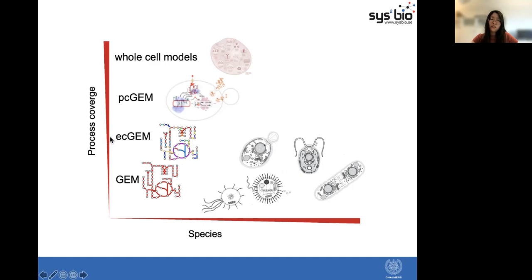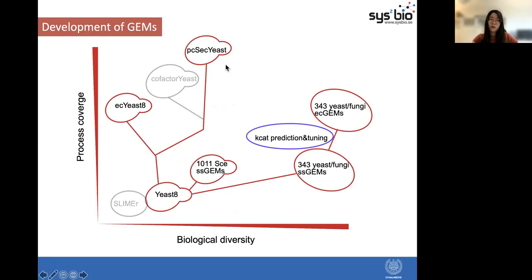On the other hand, the GEM has developed to include more and more processes besides the metabolism, as we just showed. And right now, we even have whole cell models for several species, which contain almost every process in the cell. And my research also divides in two directions.